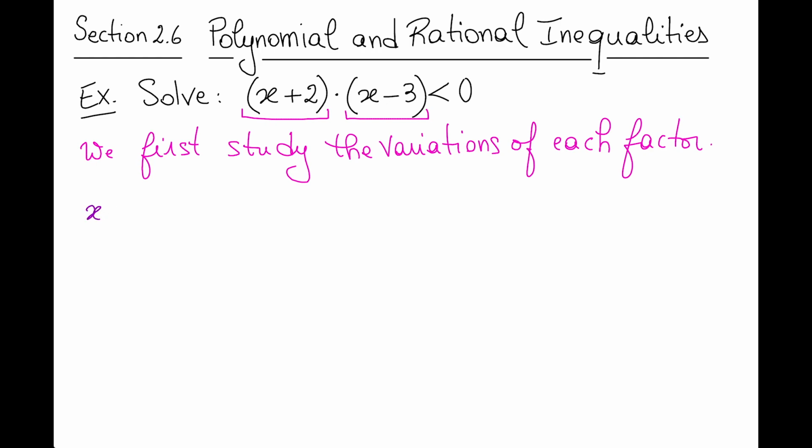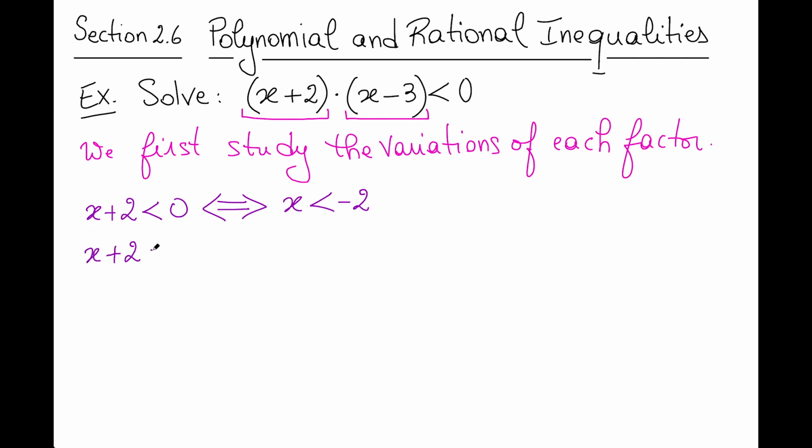So when is x + 2 negative? Well, this is a linear inequality in one variable. This happens precisely when x is smaller than negative 2. Where is it neutral? Where is it 0?